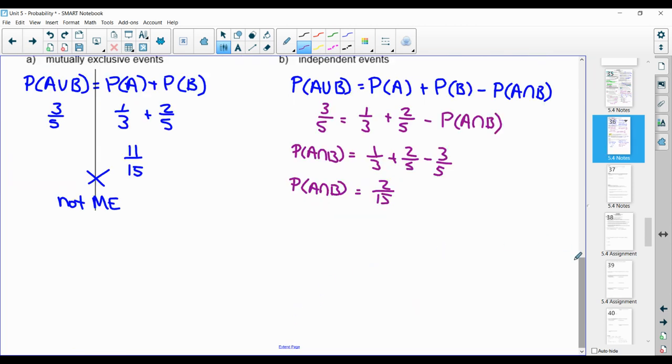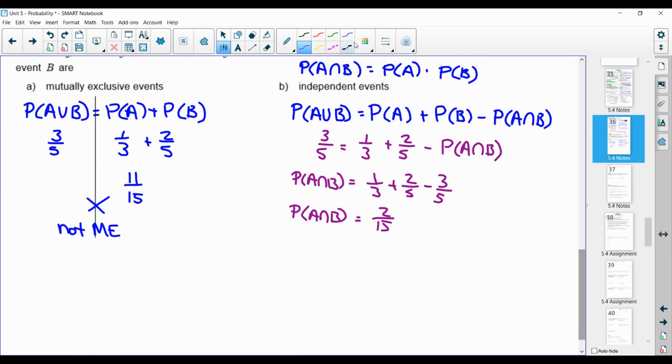Now we have to check to see if that fits our criteria for independent events. So we're going to make our left side, right side table. We're going to look at the probability of A and B, and we're going to look at the probability of A times the probability of B. Well, the probability of A and B is 2/15. The probability of A is 1/3.